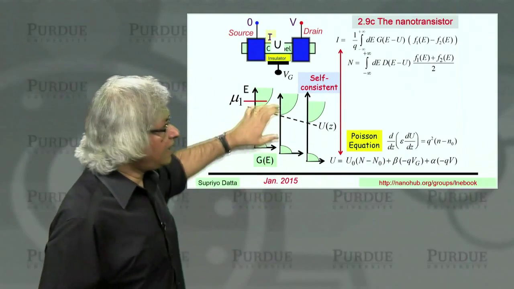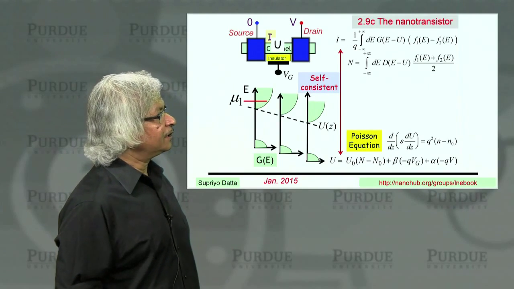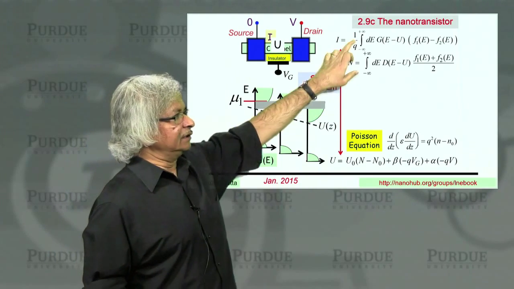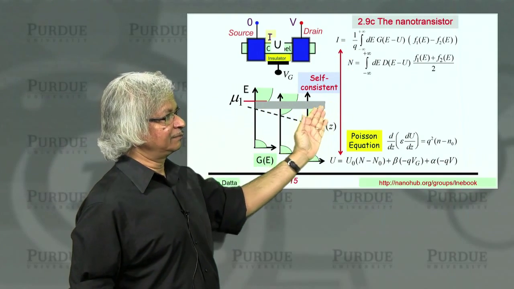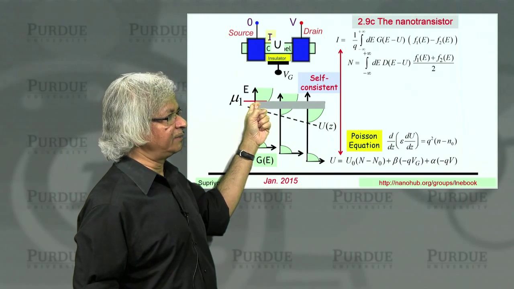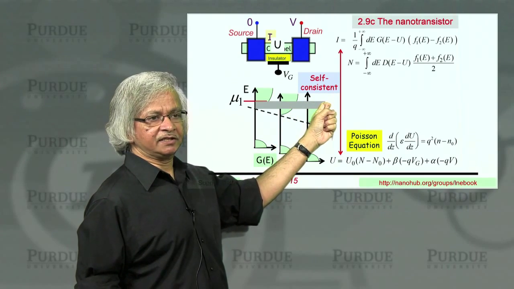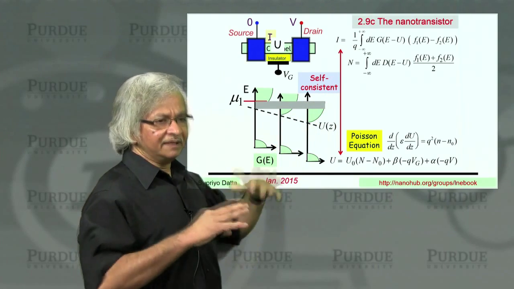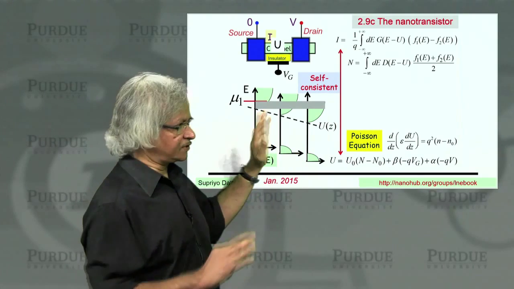Okay? Now, one thing that it misses here also is that, remember, our entire model here was based on elastic transport, which means the assumption was that an electron coming in from here, as it goes through the channel, does not change energies. And if it's a ballistic device, that's usually a good approximation. That's fine.